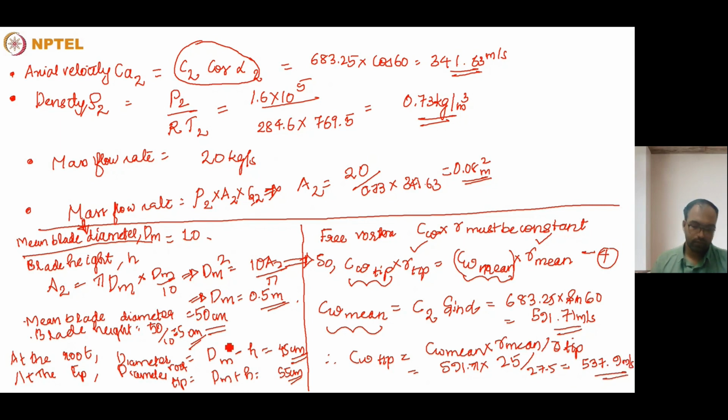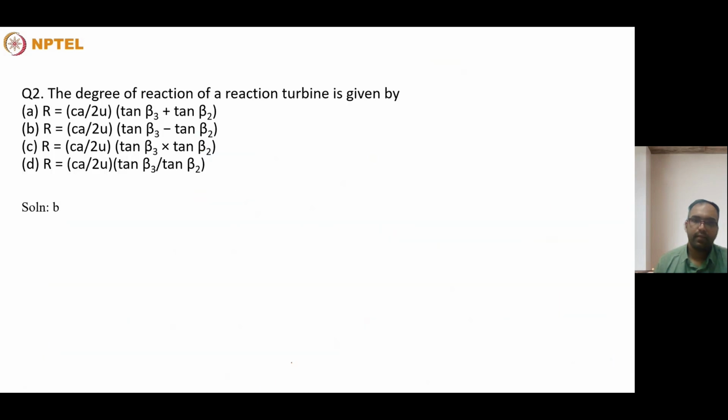Similarly, at the root, CW root into R root equal to CW mean into R mean.